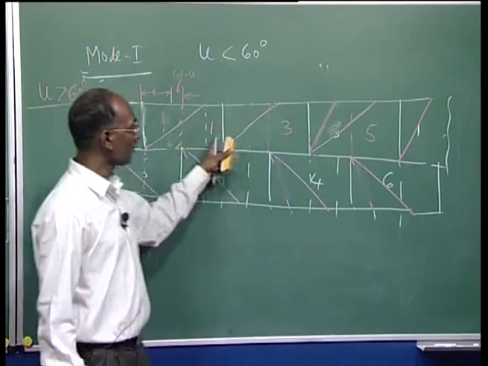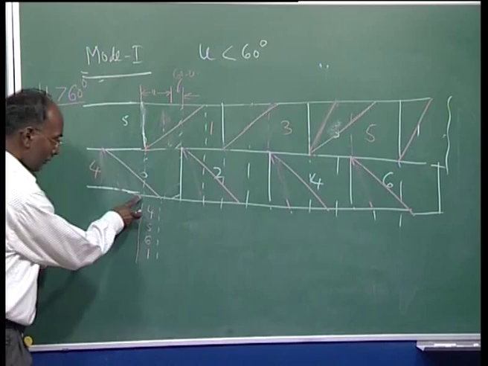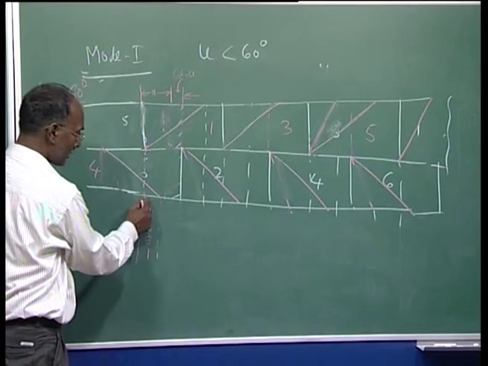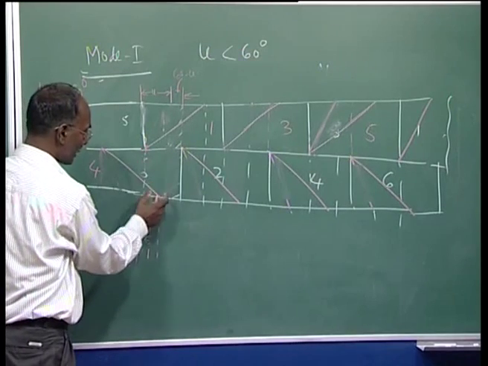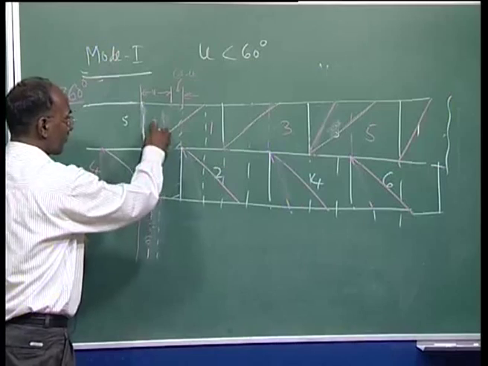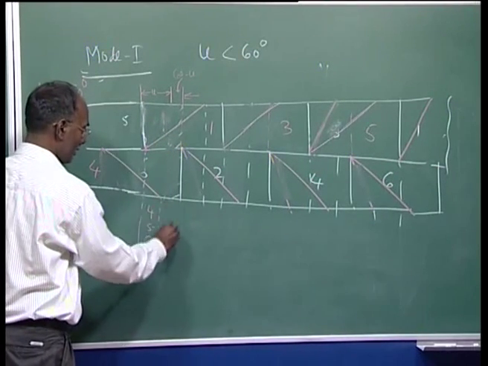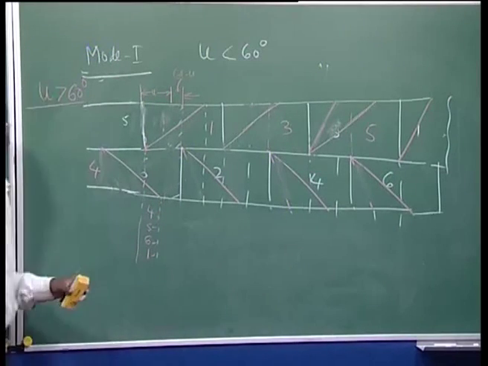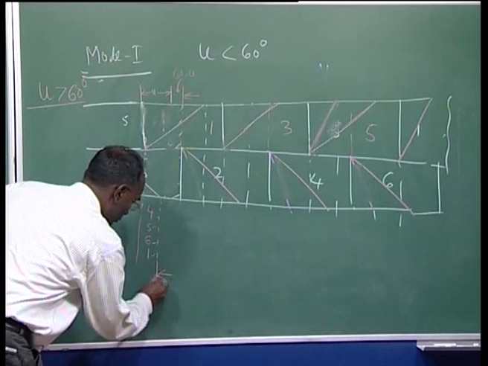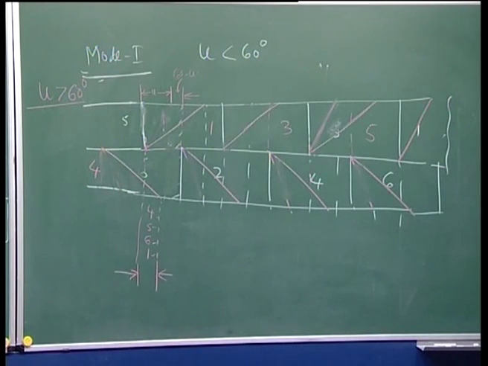Here it is 5 1 3 5 1 again. Starting from here, in this period, this portion and this portion, because this is when it is starting, here you can say 5, here it is 1, here it is 6, here it is 4. So 4 valves are conducting during this period. Now I want to know what this angle will be when 4 valves are conducting.